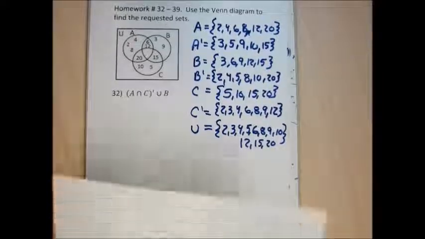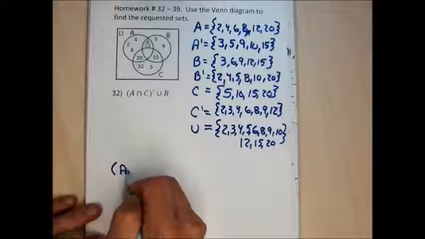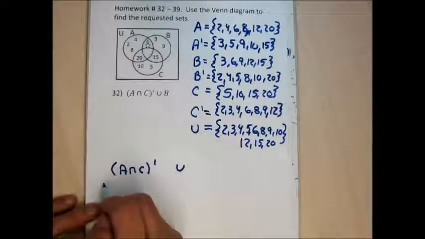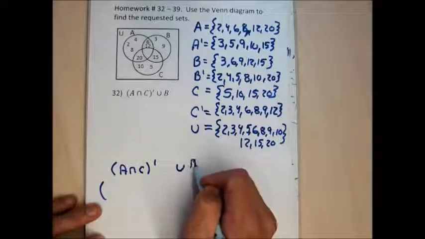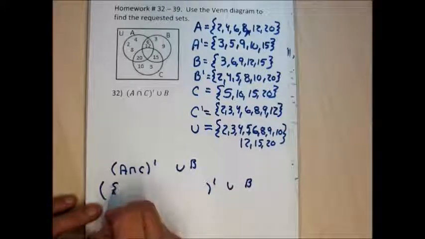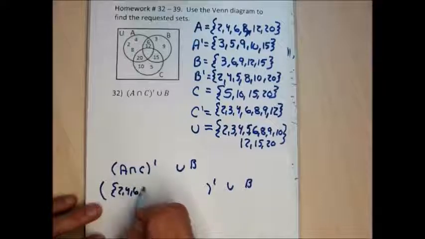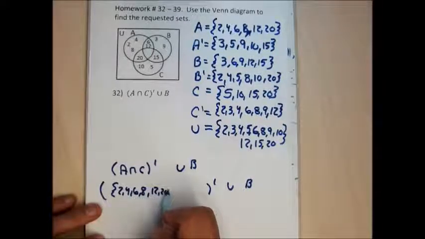This is a horrible problem, 32. So for 32, the first thing I want to work on is the inside of the parentheses. And inside the parentheses, I need to do A intersection C. So in place of A, I'm going to put the set containing 2, 4, 6, 8, 12, and 20.